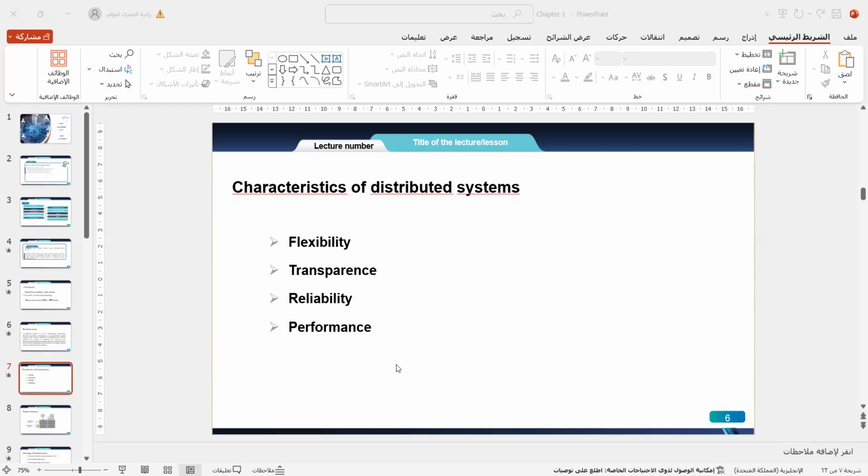For the heterogeneity, in most distributed systems, the nodes and components are often asynchronous, with different hardware, middleware, software, and operating systems. This, in fact, allows the distributed systems to be extended with the addition of new components.